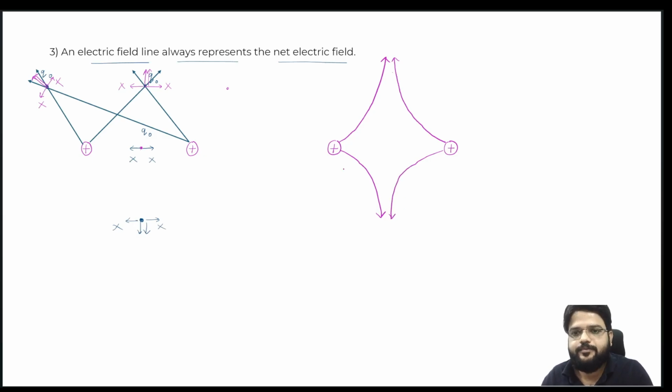And here we have electric field lines in this direction at this point. If we want to draw the accurate field diagram, it is very difficult. So we are drawing an approximate diagram here, and this approximate diagram will look like this.